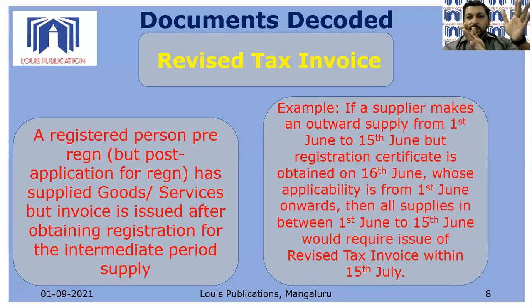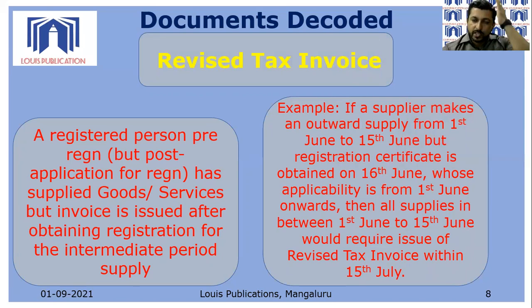So for all the transactions that have happened before registration, but after applying for registration, that is from 1st of June to 15th of June, the supplier will have to issue a revised tax invoice to all its recipients. And that revised tax invoice must be provided within 1 month from the date of receipt of the registration certificate.